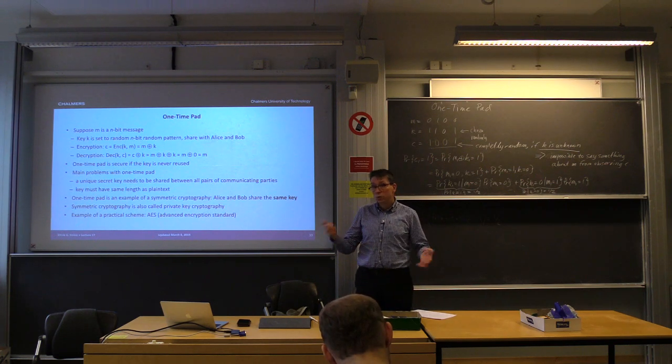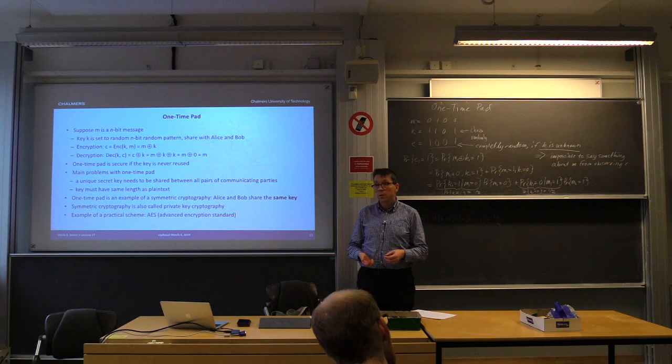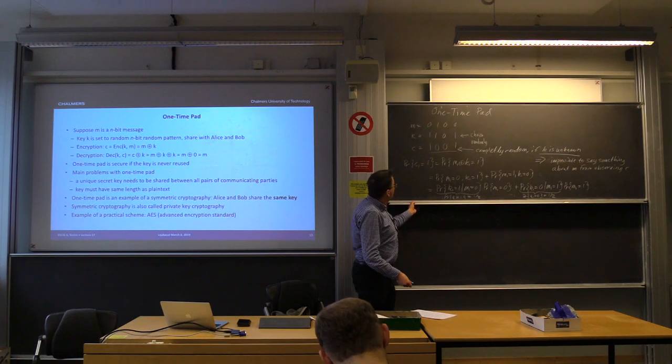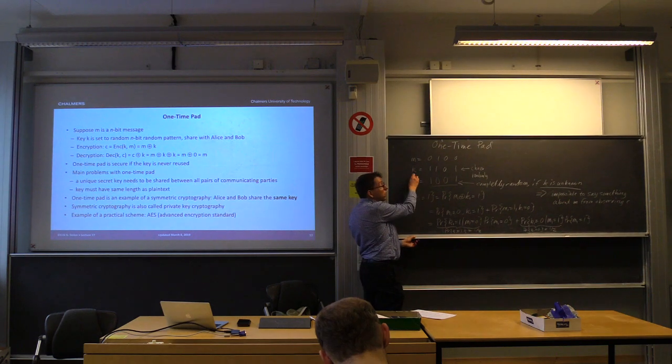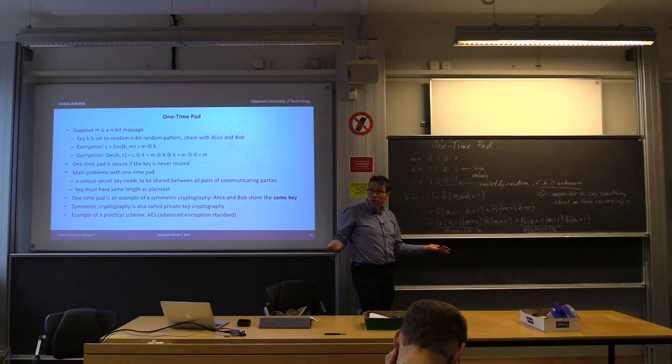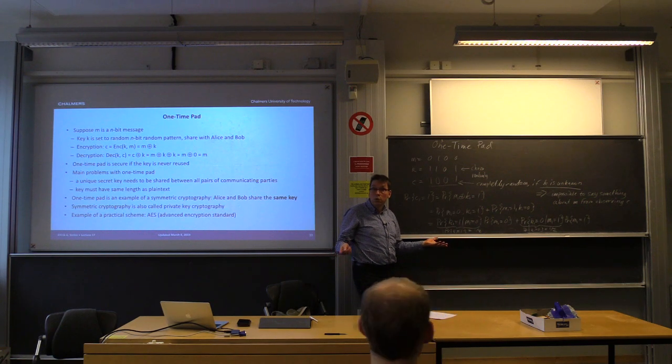They're unable to figure out what the message is. But if you know the key, it's super simple, right? You just take C, you add on K, modulo 2, and you get M. Okay, so if you have the key, that's it. Then you know exactly what's going on. If you don't have the key, you don't have a clue.